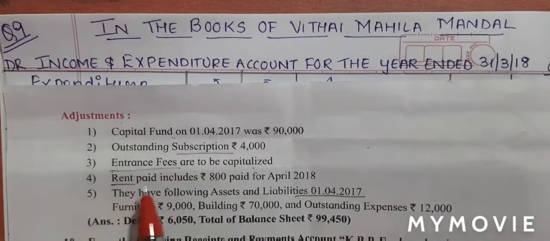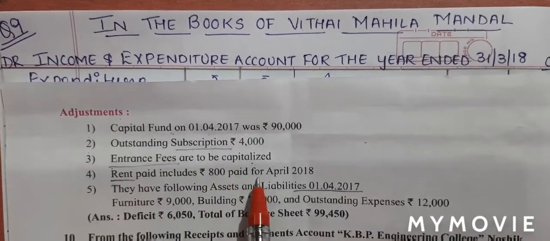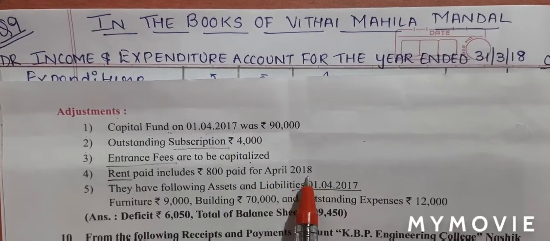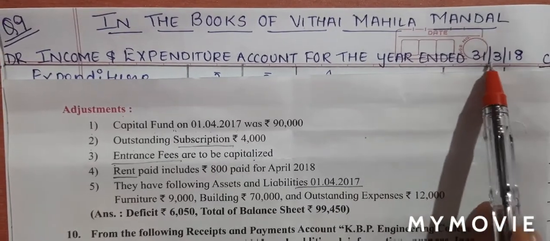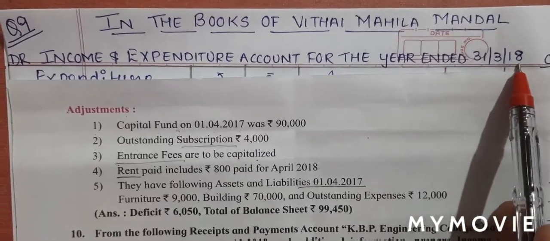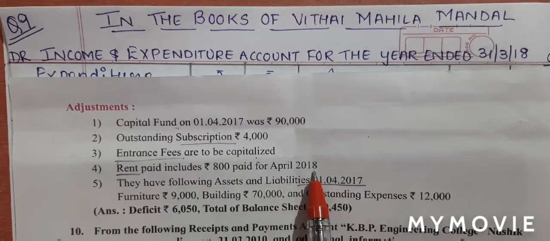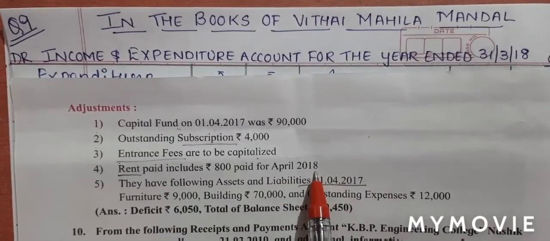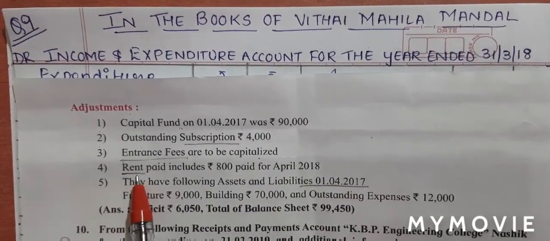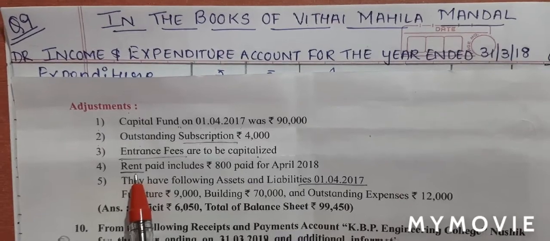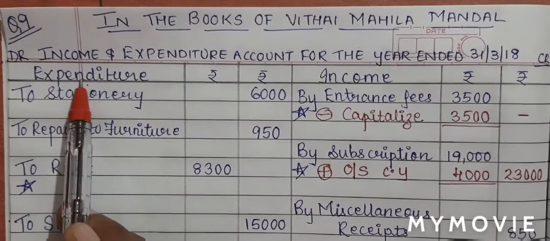Adjustment number 4, rent paid includes rupees 800 paid for April 2018. Students, our year is ending on 31st of March 2018 and rent is paid till April 2018, which means we have prepaid our rent amount. So this is an effect for prepaid. Let's do the first effect. The first effect will be on the expenditure side.